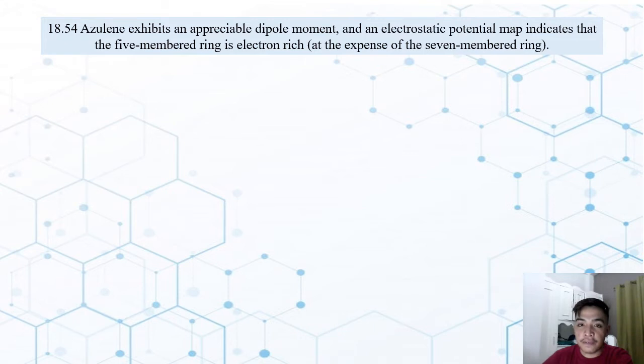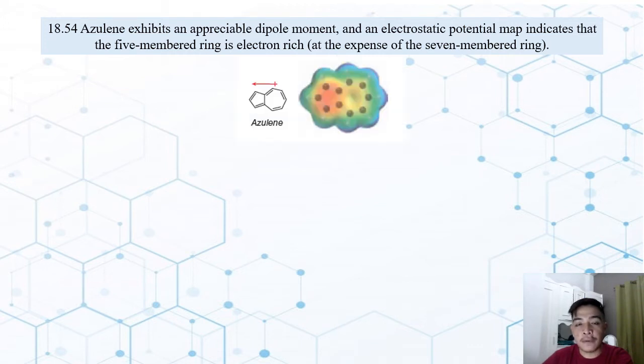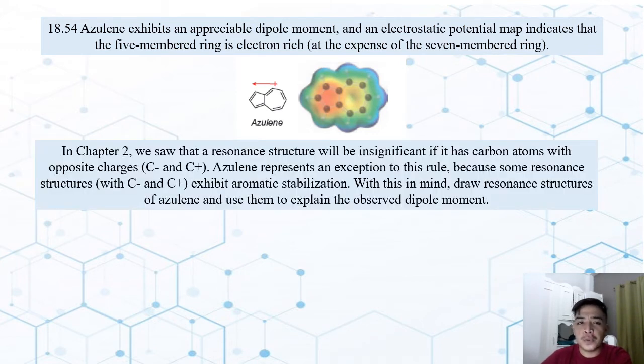Problem 18.54: azulene exhibits an appreciable dipole moment, and an electrostatic potential map indicates that the 5-membered ring is electron-rich at the expense of the 7-membered ring. As you can see from this picture, azulene exhibits an appreciable dipole moment. In chapter 2, we saw that a resonance structure will be insignificant if it has carbon atoms with opposite charges.